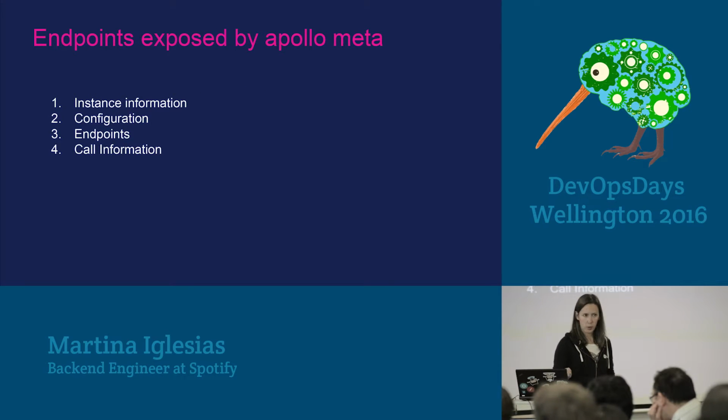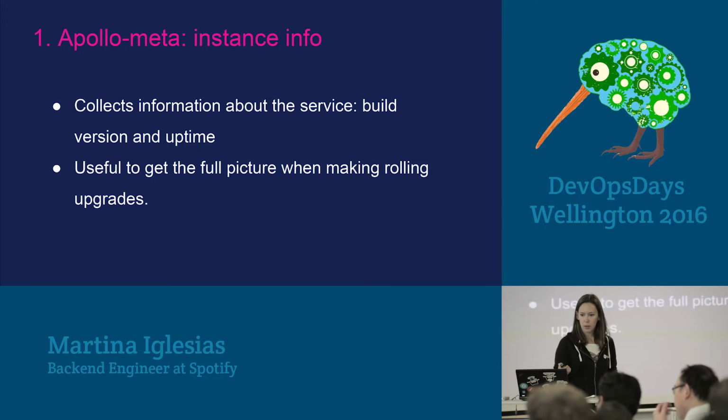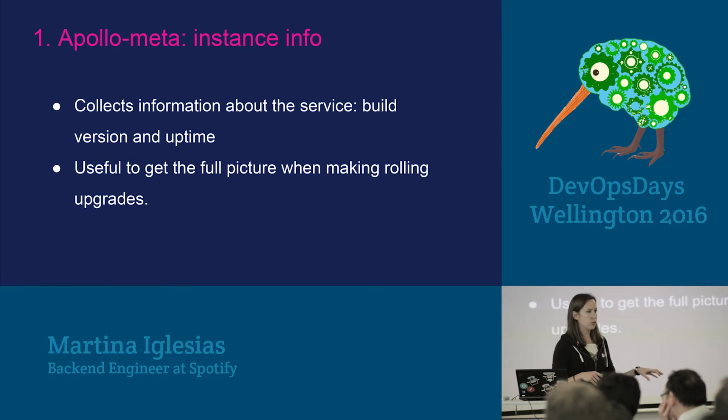So Apollo Meta has 4 endpoints: for instance information, configuration, endpoints, and code information. And these are the ones called by System Set to display the website that I showed you before. So instance info collects short pieces of information of the service that is running, like what's the version of the Java artifact that is running, what version of Apollo you are using, what's the uptime.